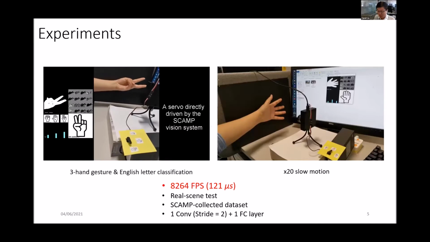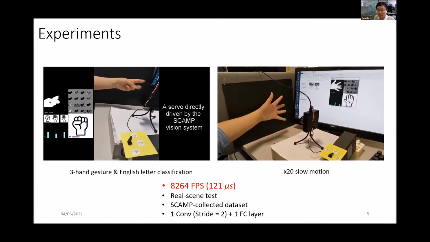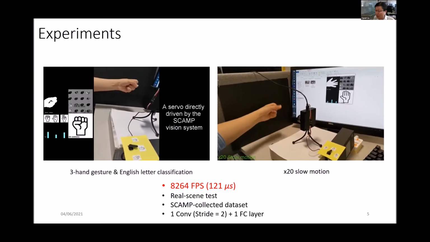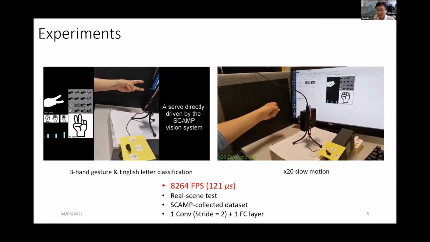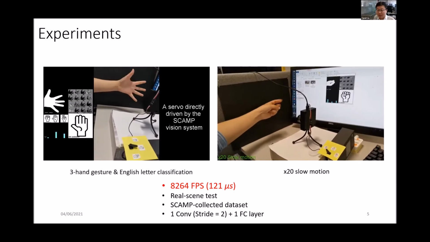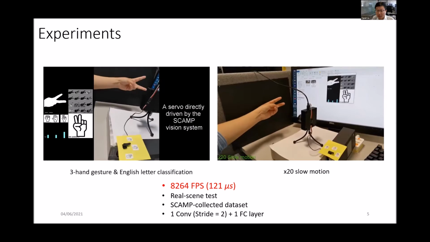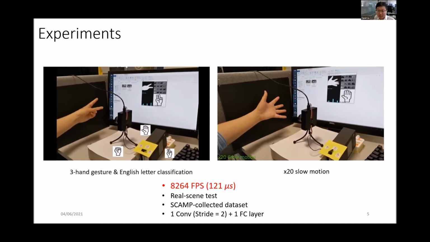This is a demo for 3 hand gesture recognition and for English letter classification using the servo motor as the indicator. For hand gesture recognition, a stride 2 with a single convolutional layer and a fully connected layer is utilized to achieve a trade-off between efficiency and robustness.